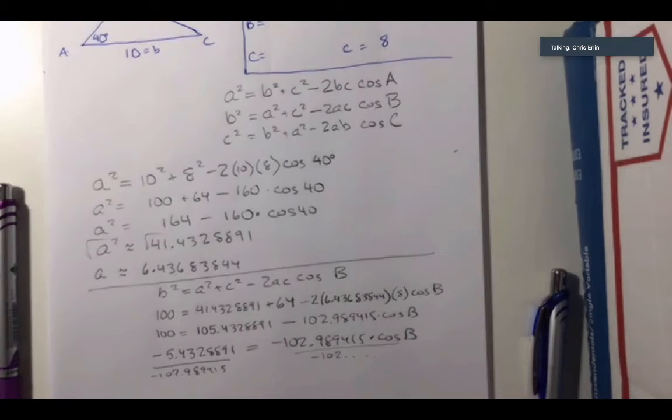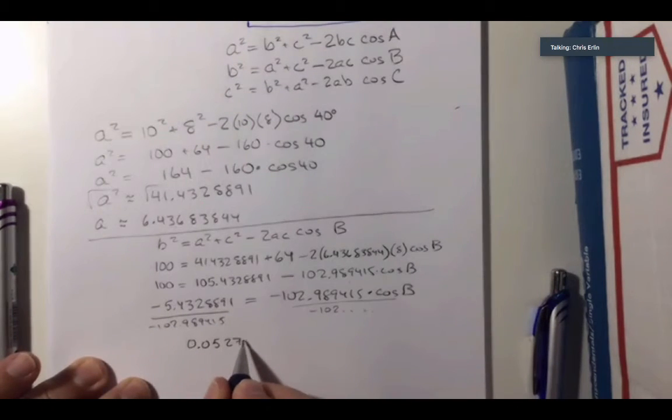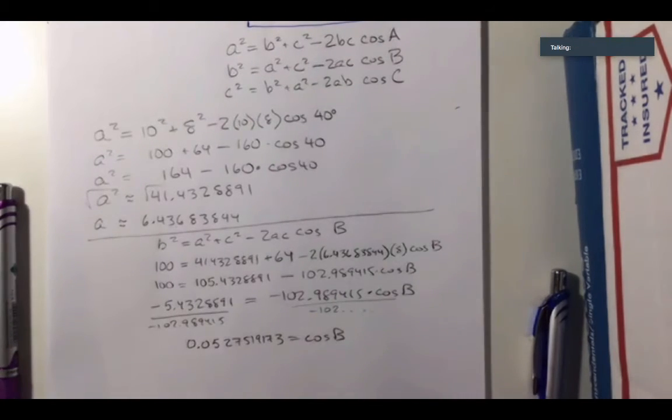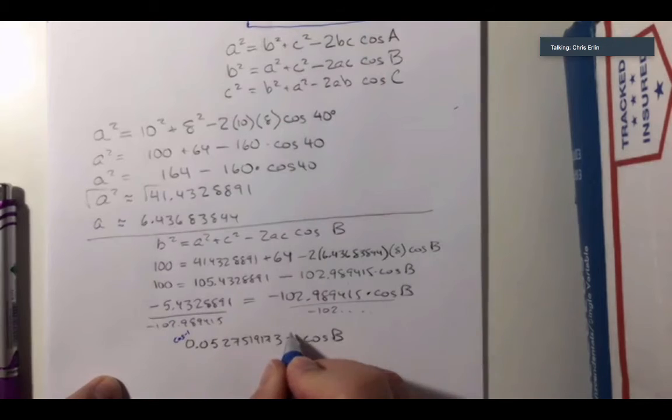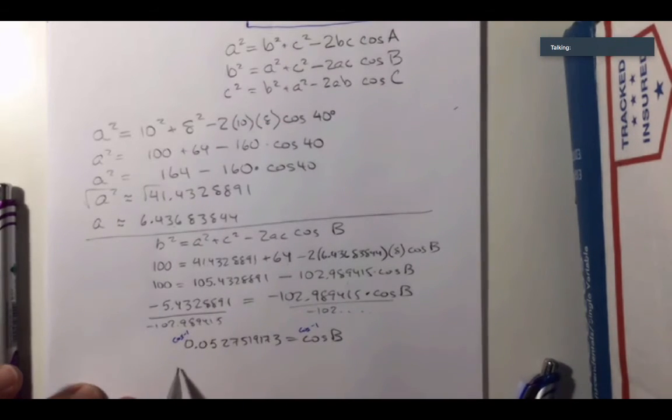So that divided by negative 102.989415, and what I get is 0.05275191173 equals the cosine of B. And if I want to find the value of B, I have to undo what's being done to B. Right now it's being cosined, so I need to inverse cosine both sides, so that the inverse cosine of 0.05275191173 is equal to B.